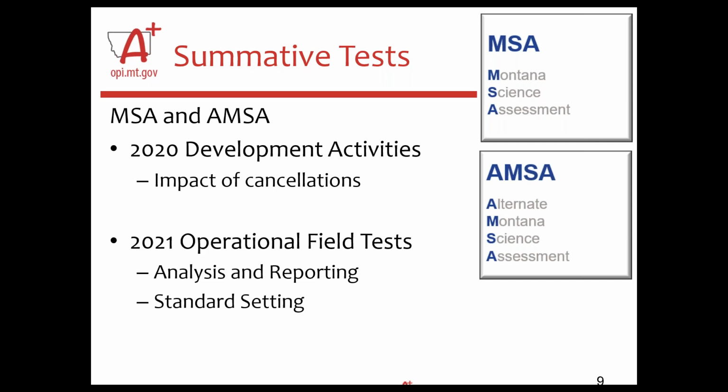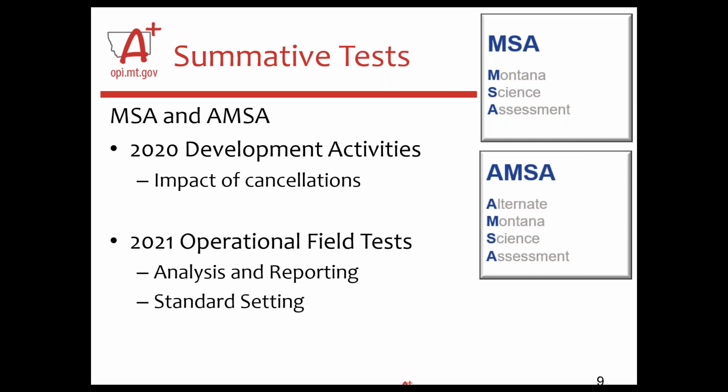The reporting waiver that we had approved by the Department of Education will expire before our next testing period, so we are having to adjust our plans. For 2021, we're planning an operational field test. This means that items will be analyzed. The students will receive what looks to them like a normal test, which they would have under the census field test as well.